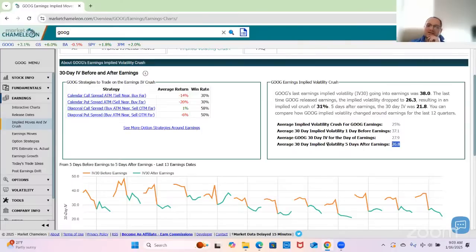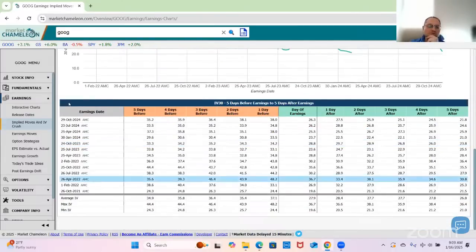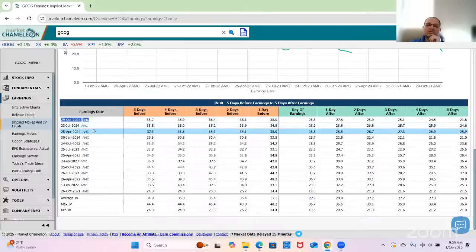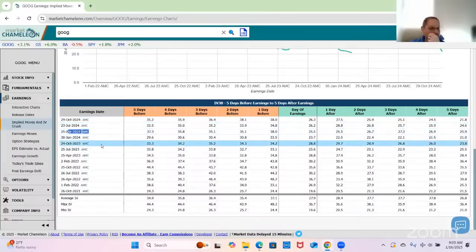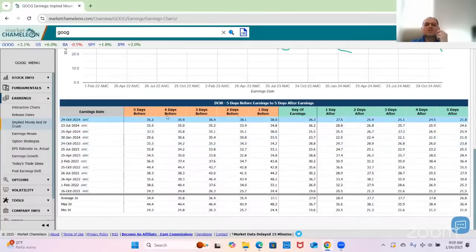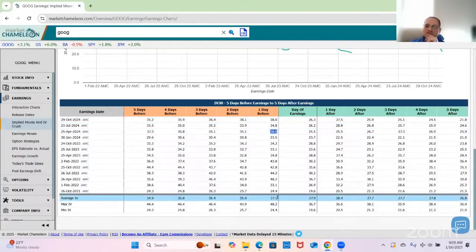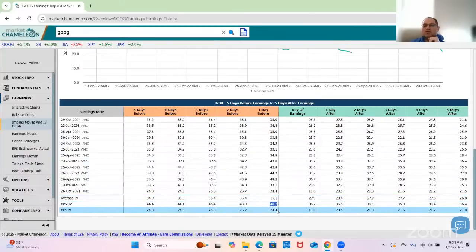If we wanted to see the table of these observations, here we have the last 12 earnings, and we could see in Google what the implied volatility was the 5 days before, 4 days, all the way to the day before. So this would be where the implied volatility closed right before earnings. So these are the observations. So you could see the average was 37.1, but it ranged as high as 48.2 and as low as 24.4.